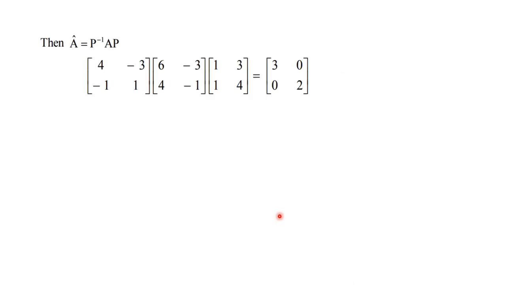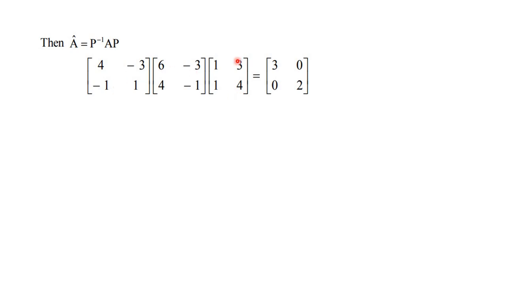So for P inverse AP, we have the matrix 4, minus 3, minus 1, 1 into A, which is 6, minus 3, 4, minus 1, into P, which is 1, 3, 1, 4.